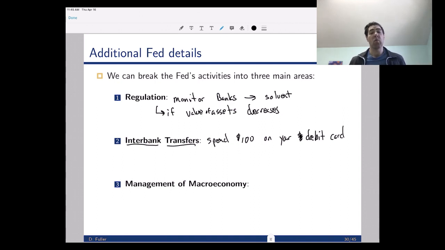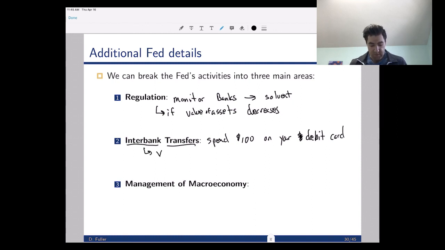Well, how does that all work exactly? Behind the scenes, the Federal Reserve Bank is the one that is making the transfer of the $100 in your checking account to the checking account of the merchant.